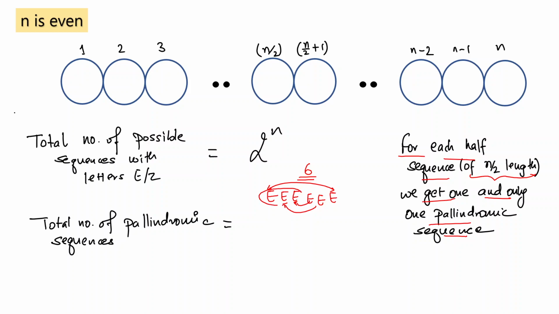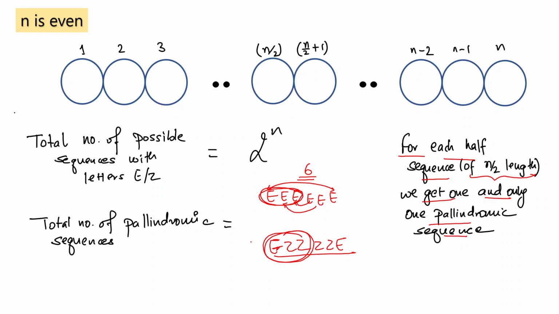So you just have to think about how many 3-lettered sequences you can make, and from each such sequence, for example, let's take another example, EZZ, just fill it backwards and you get a palindrome. So you just have to think about half of the length. How many such sequences do you have? For each of these sequences, you will get one and only one palindromic sequence.